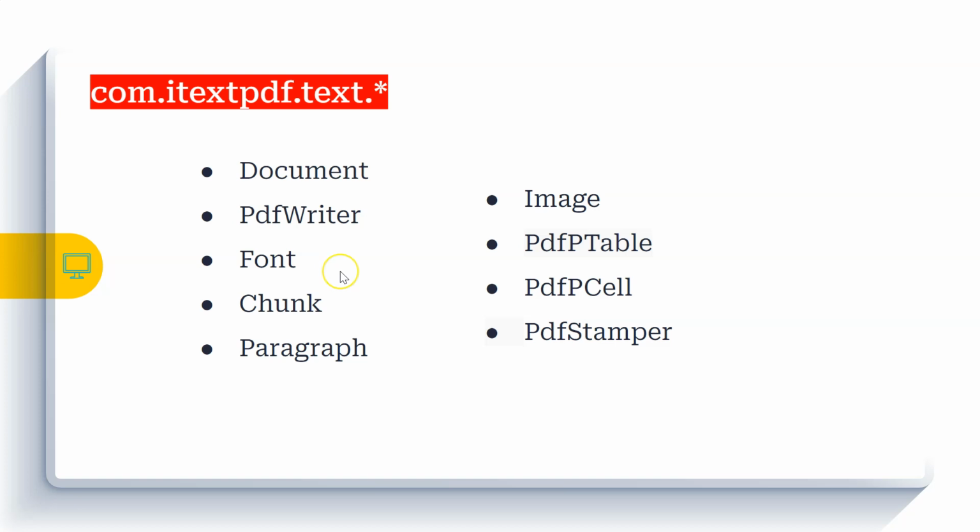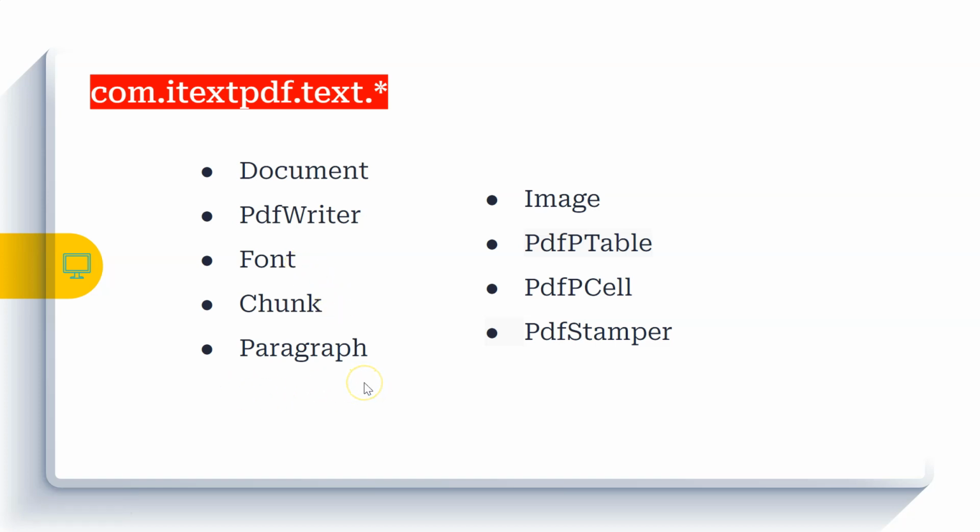Okay guys, here I mentioned a couple of important classes that we are going to use in this video. First, the Document class, which we use to create a PDF document. Then we'll use the PdfWriter class to write into the PDF document. Font is to set the font type, font family, and font color. Chunk is a combination of the text that you want to add to the PDF plus the font.